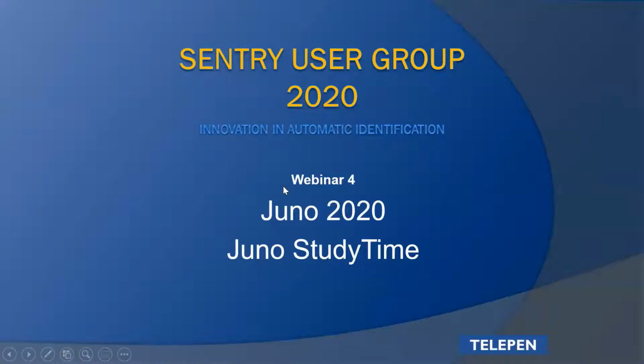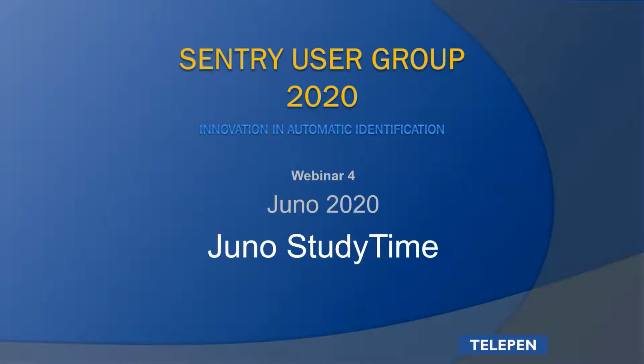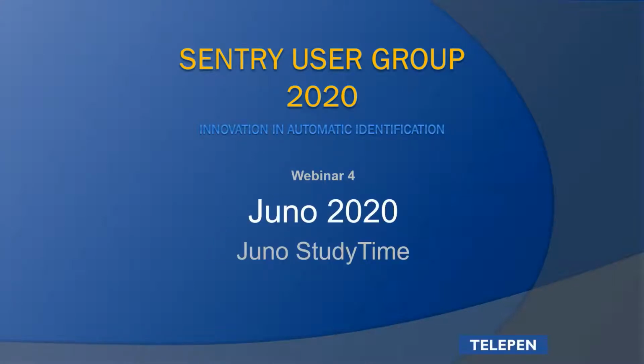Today we're going to be looking at two topics. They are Juno 2020 and Juno StudyTime, where Juno 2020 is a new product development that we've undertaken this summer, where there's been a requirement for customers to manage student numbers attending and student numbers expected in order to comply with safer opening and social distancing, whilst at the same time with capacity reduced, with desk numbers limited.